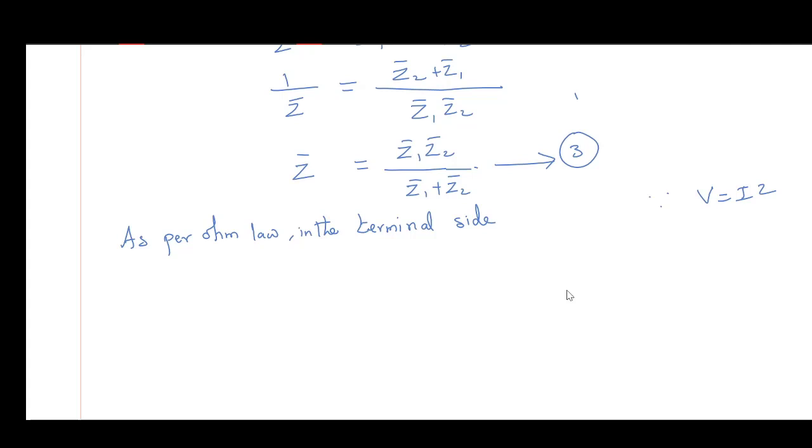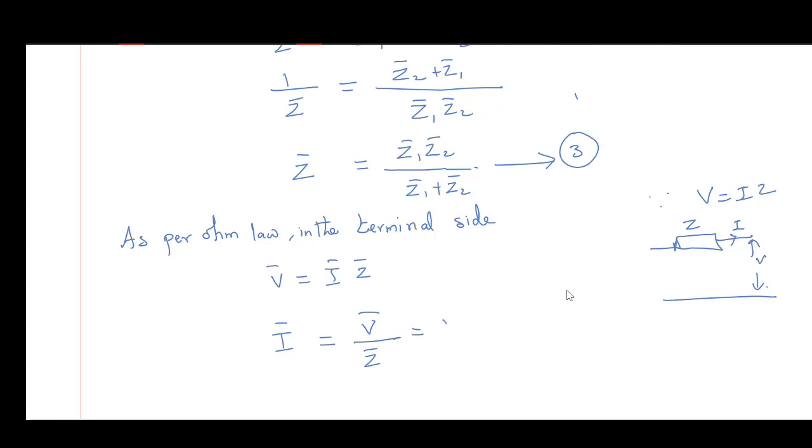So the equivalent circuit can be redrawn like this. This will be the impedance Z, and you will get the voltage here. The current will be the total current, and here the terminal voltage will be there. So V vector is equal to I vector into Z vector. You know the value of Z vector, so from this calculate the value of I vector. I vector is equal to V vector divided by Z vector.